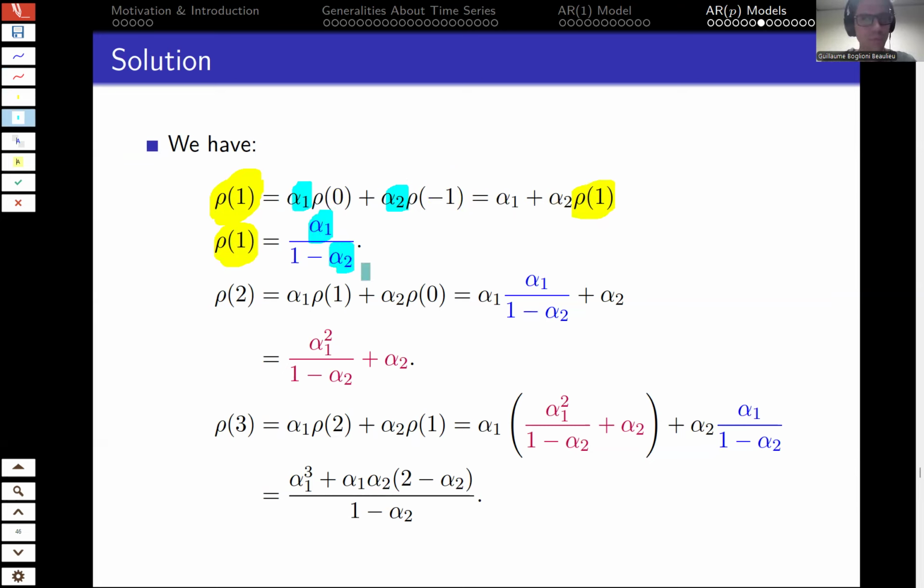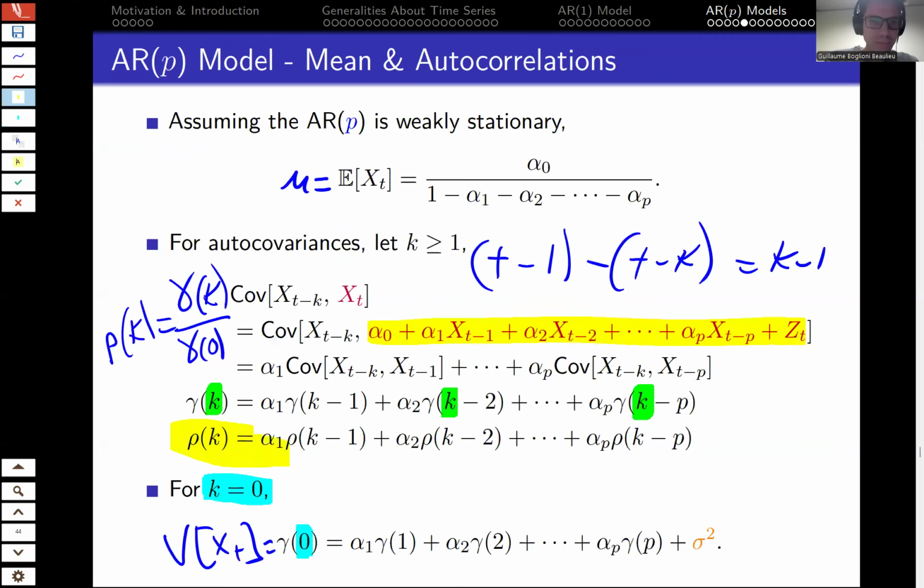Simple enough. Now you're ready to find rho 2. The same general formula can be used. So rho 2 will be alpha 1 rho 1 plus alpha 2 rho 0, and that's it, you're done.